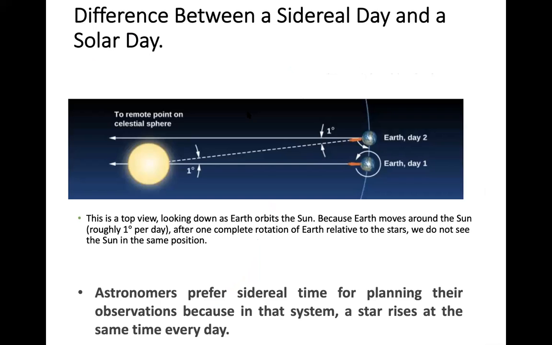Right here you can see in this diagram, which explains the difference between a sidereal day and a solar day. The sidereal day, you can see that there is a white arrow pointing towards the left side from the earth, and earth rotates.